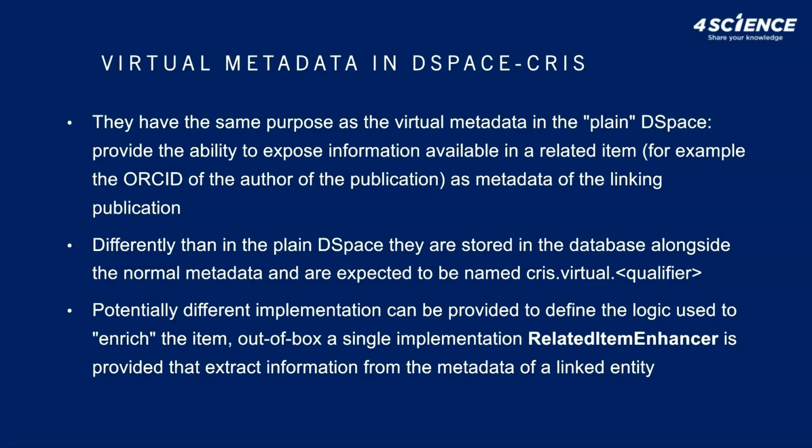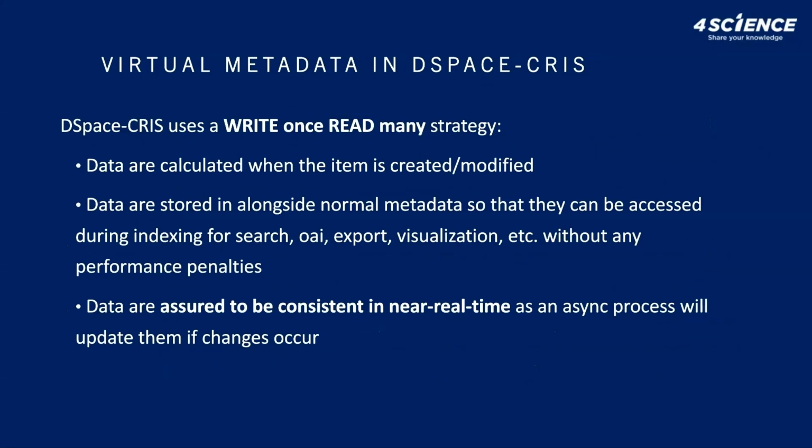We only need to store this information when the item is linked to another item, and when the linked item changes some metadata, we need to recalculate this metadata. But having that calculated beforehand means that we can read this information very quickly and in a very efficient way.